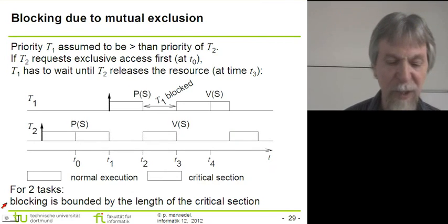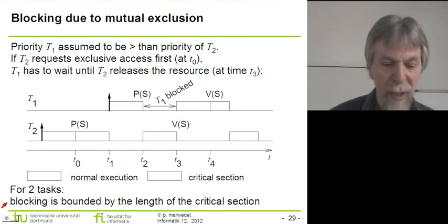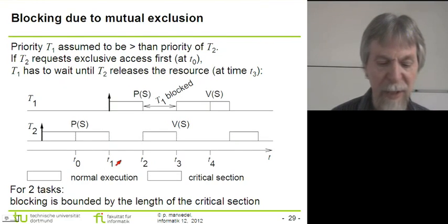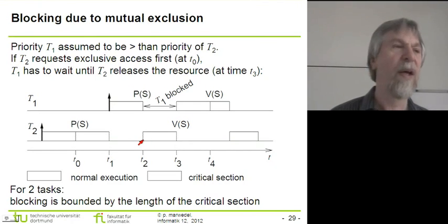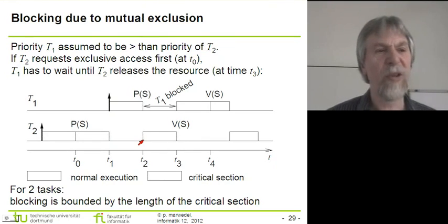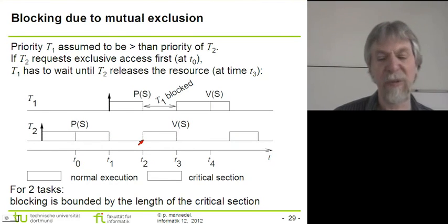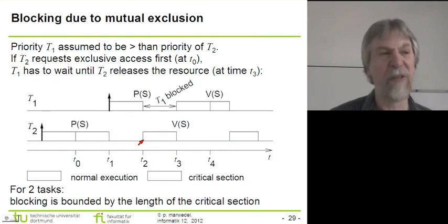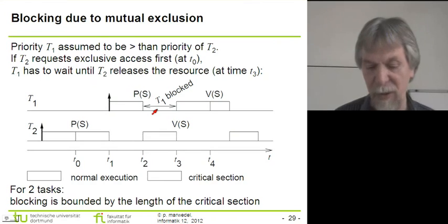The nice aspect is that the length during which this blocking can happen is bounded by the length of the critical section of this lower priority task, which is nice to know because programmers are requested anyway to keep their critical sections as short as possible, because otherwise the response times will suffer. So therefore, it's not nice, but we know that there must be a reasonable upper bound.